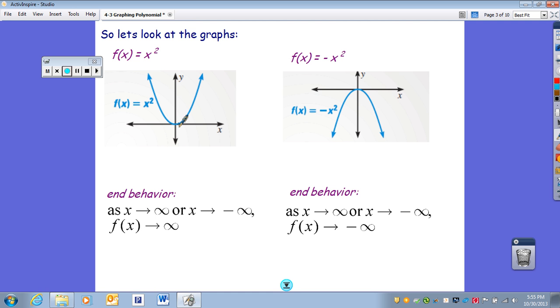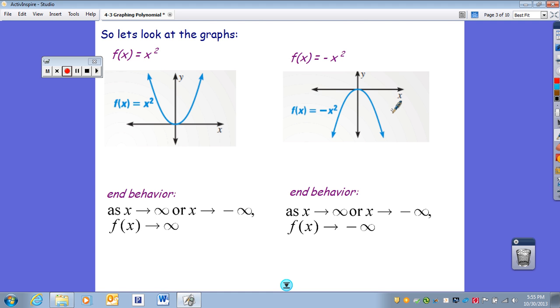When our x value approaches positive infinity, going infinitely to the right, notice that our y values are going up, as well as when our x values go infinitely to the left, or negative infinity, our y values also are going up. So with x squared, for both x going to positive and negative infinity, our y value, or f of x, is going to positive infinity.